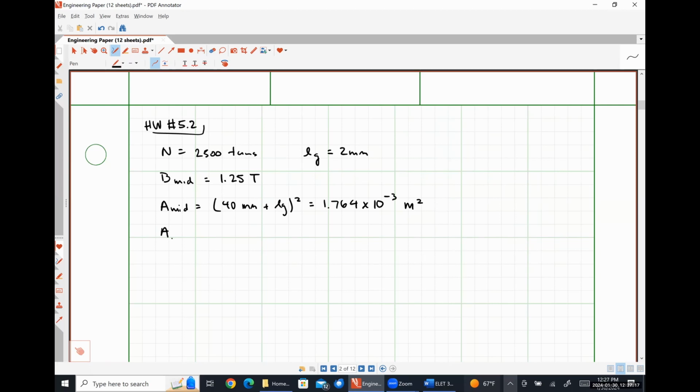And then the area of the left and right air gaps is 20 millimeters plus LG times 40 millimeters plus LG. So that's going to look like 0.022 times 0.042, or 9.24 times 10 to the minus 4 meters squared.